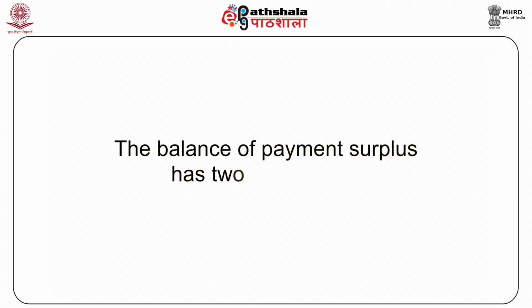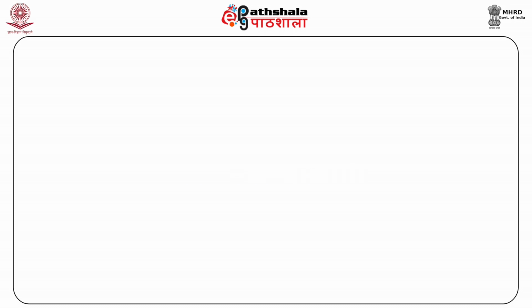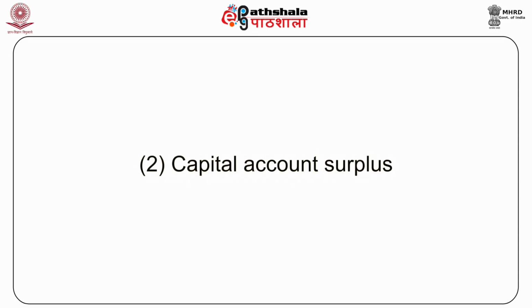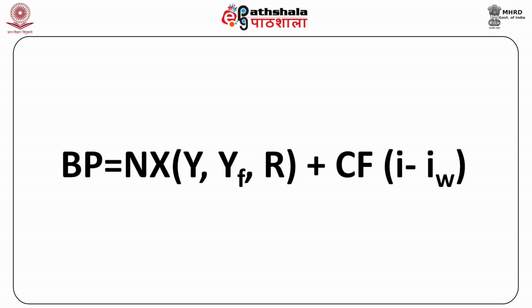The balance of payment surplus has two components. The first one is the trade surplus, the second one is the capital account surplus. Thus, we can write the equation for balance of payment surplus as BP = NX(Y, YF, R) + CF(i - iW).